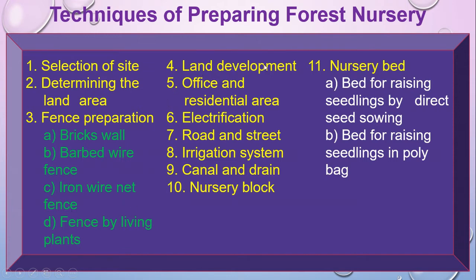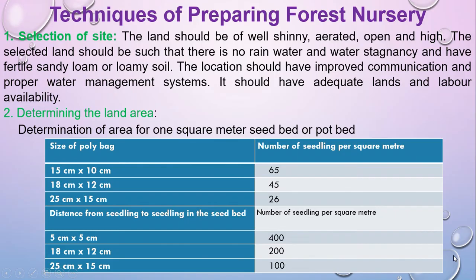Then the next points are land development, office and residential area, electrification, road and street, irrigation system, canal and drain, nursery block, and then nursery bed. There will be two types of nursery bed, which we will discuss later. So this point we will discuss very briefly.